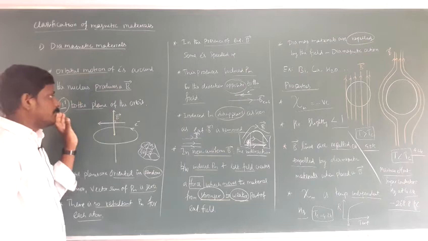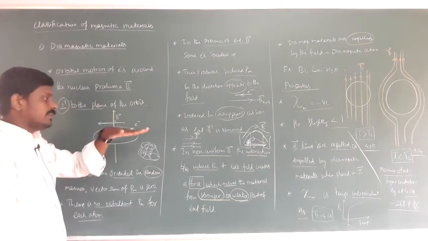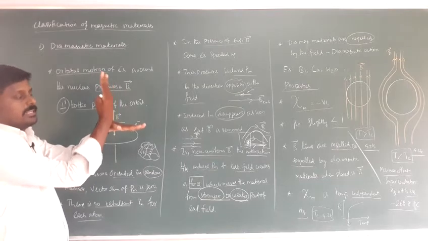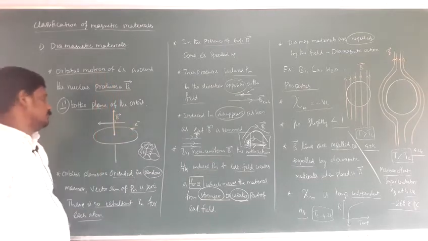That magnetic field is perpendicular to the plane of the orbit. Consider an electron revolving around the nucleus. Just see, the electron moves in a horizontal direction, but the magnetic field is perpendicular. This is the plane of the orbit, that is the horizontal line, and the perpendicular, vertical line is the direction of the magnetic field.